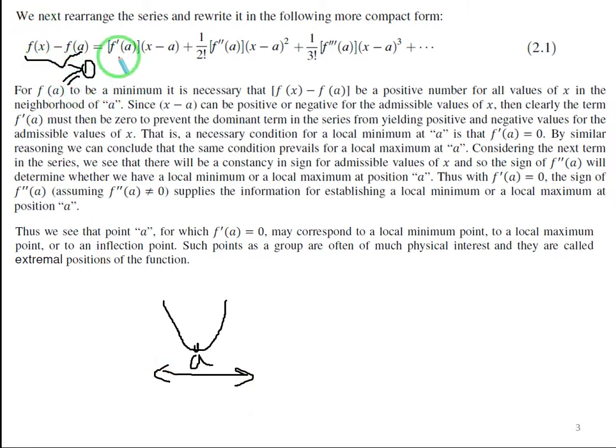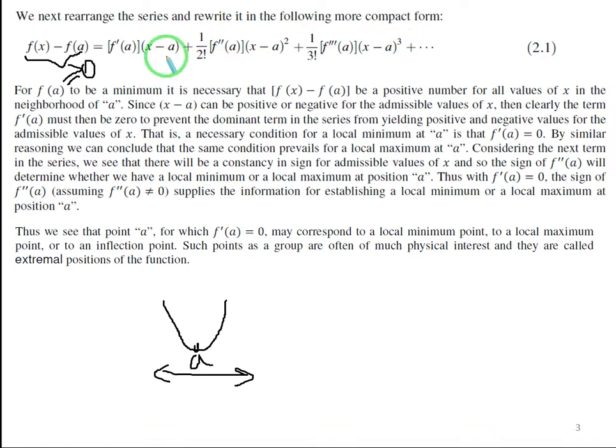Okay, now let's look at the right-hand side of this equation. If the left-hand side is a positive number, we can conclude that the right-hand side must be a positive number too.